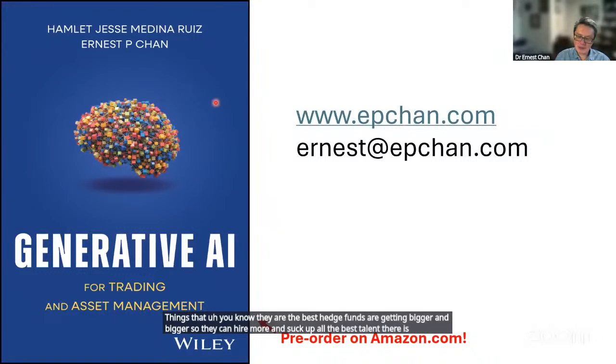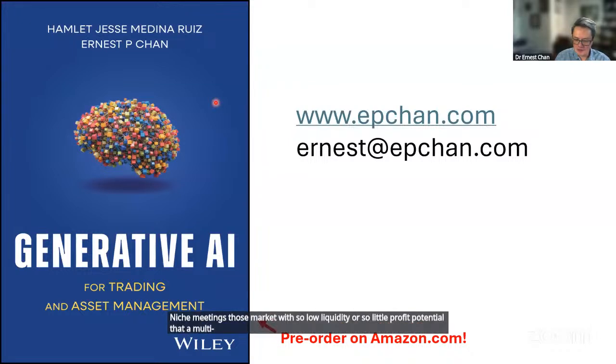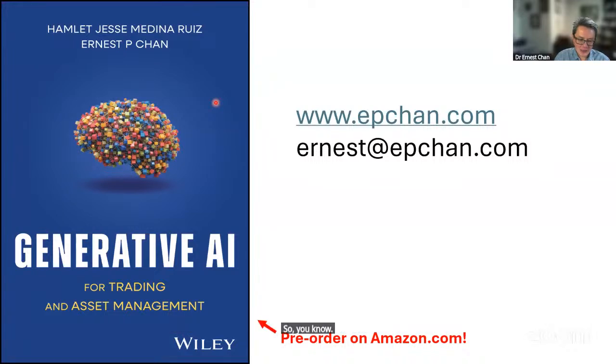But as I have emphasized in my first book, if you are a retail trader, you should focus on niche. Niche meaning those markets with so low liquidity or so little profit potential that a multi-billion-dollar fund is simply not interested. So you can apply the techniques that big funds use, except on a smaller market.